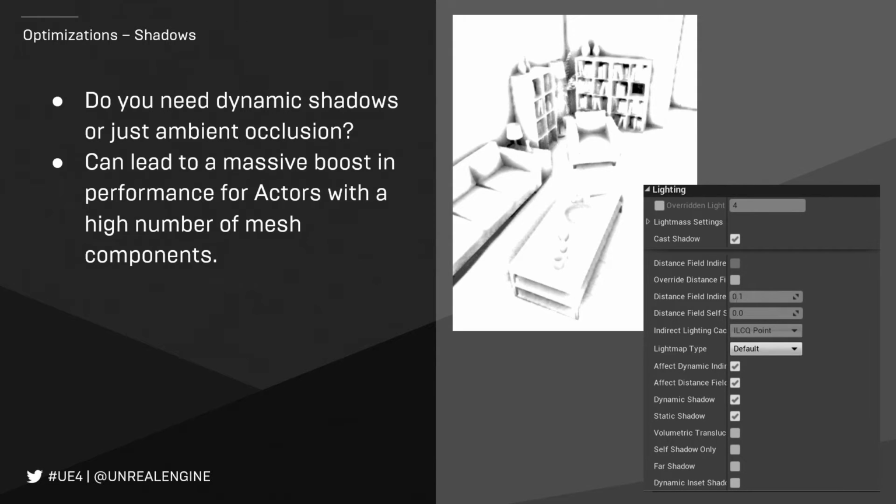If you set up ambient occlusion, we're just rendering as a post-process the darkness around objects. You'd be amazed at how often that actually looks quite good with far, far less overhead than if we were shadow casting across all of our objects. This is especially the case in actors with a high number of mesh components.